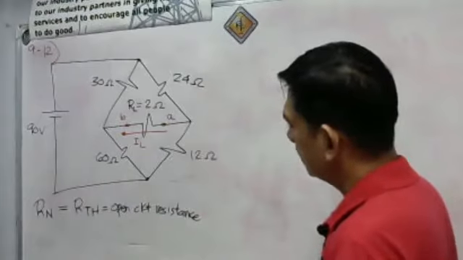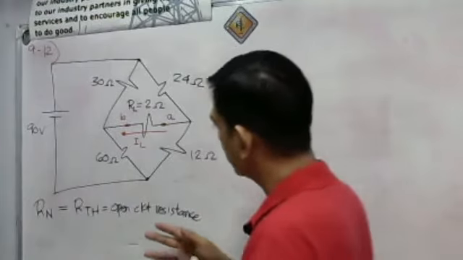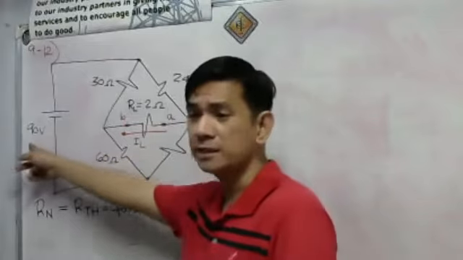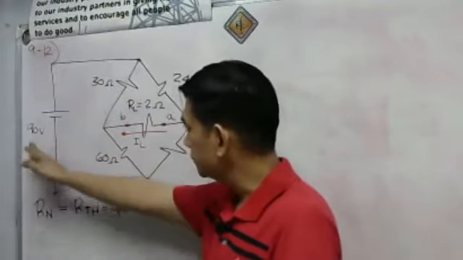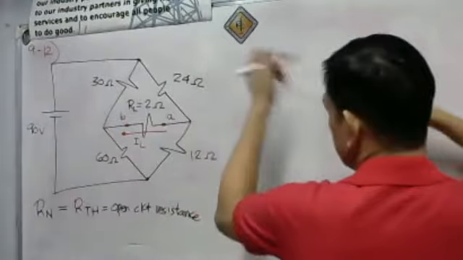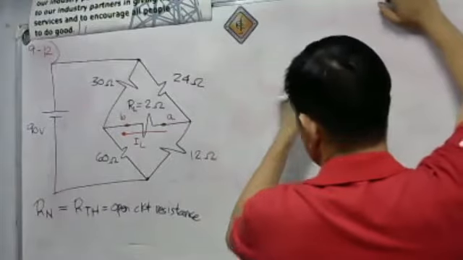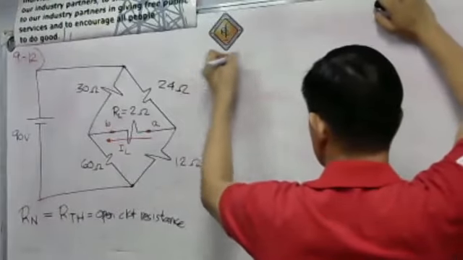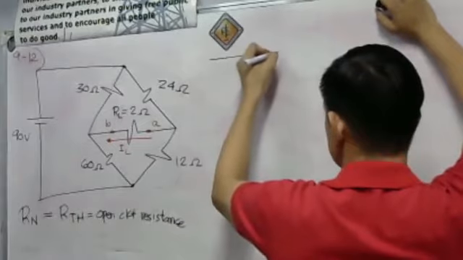So, what we're going to do here is to remove our load resistance RL and then short the 90-volt source. Let us redraw our circuit here. This is the Wheatstone bridge.